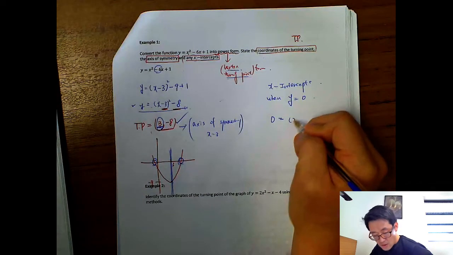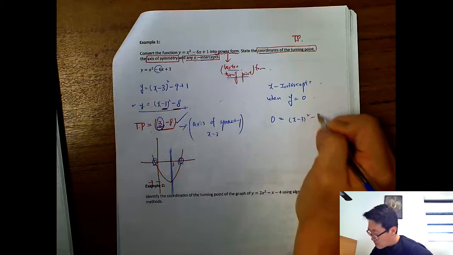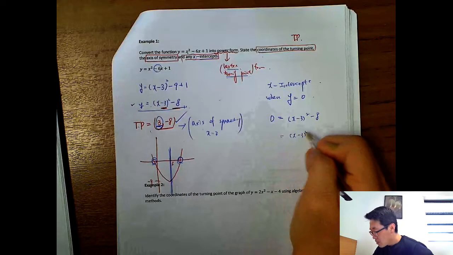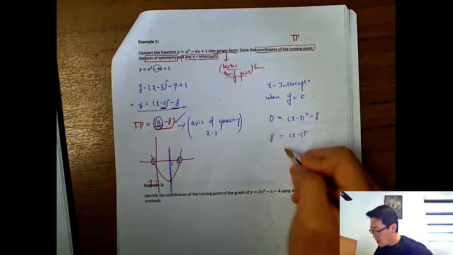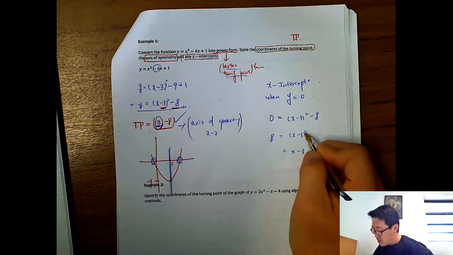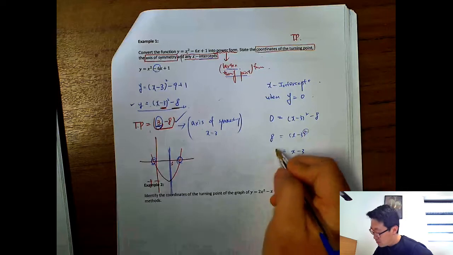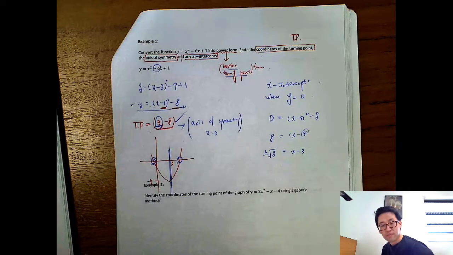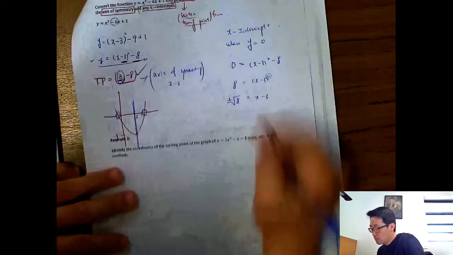What is it? X minus 3 squared minus 8 equals 0. X minus 3 squared equals 8. Get rid of the square, x minus 3 equals plus or minus square root 8, good.